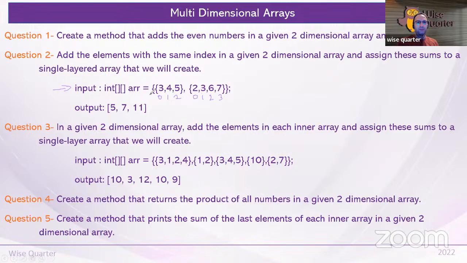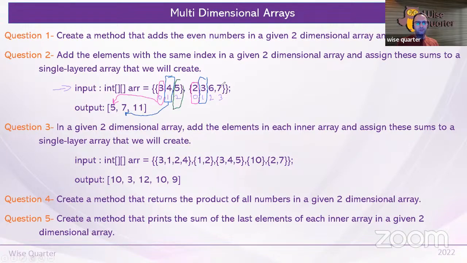Those are the index numbers. And we will calculate the sum of same indexed elements. First one will be zeros. 3 plus 2, it is 5. Index ones, 4 plus 3, 7.